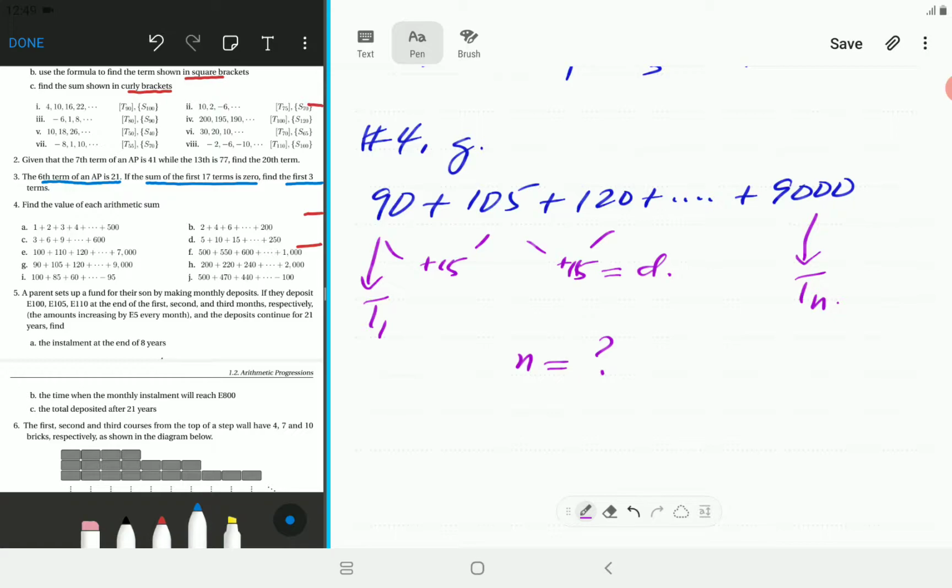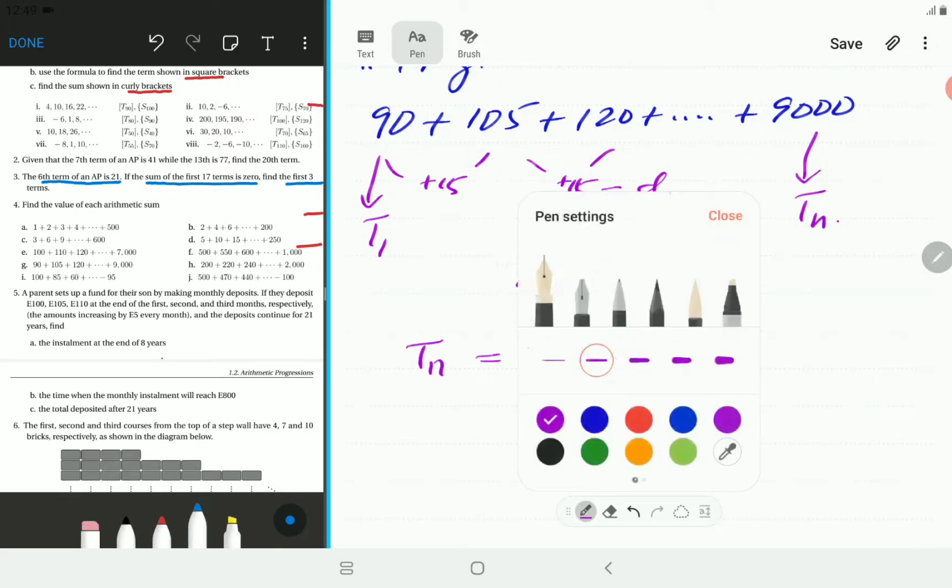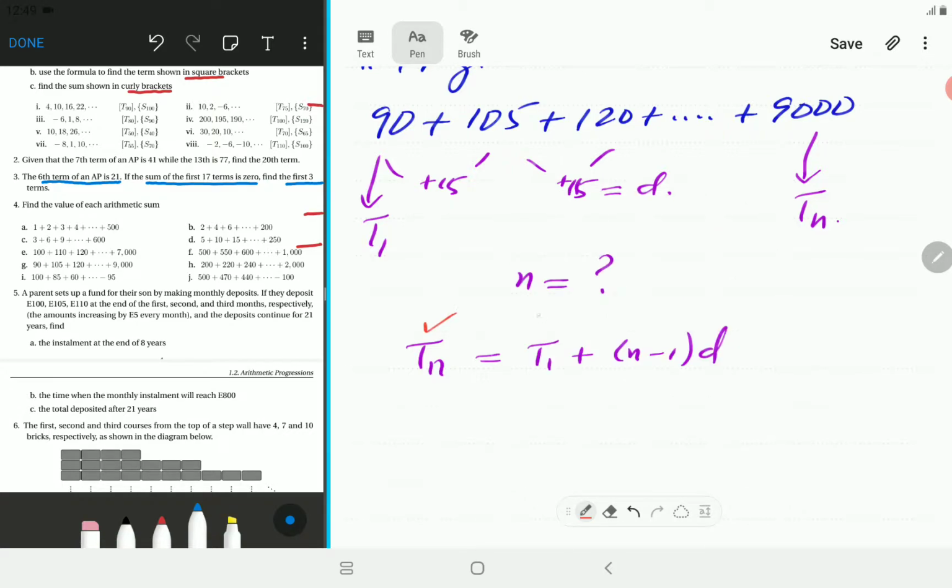However, if we know T1 and D and Tn, we can find the number of terms using the formula for the nth term. Because in this formula, this is known, this is known, this is known, so we can find that. Okay, so that's exactly what we're going to do.